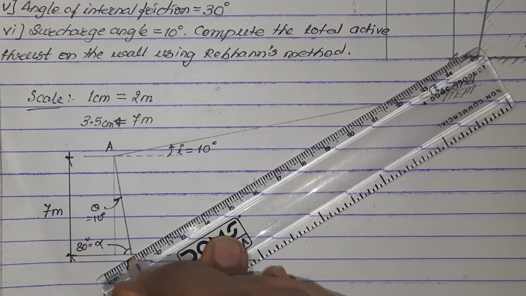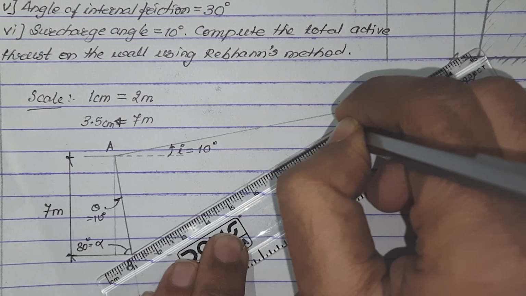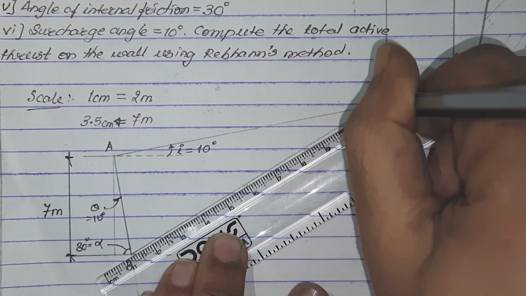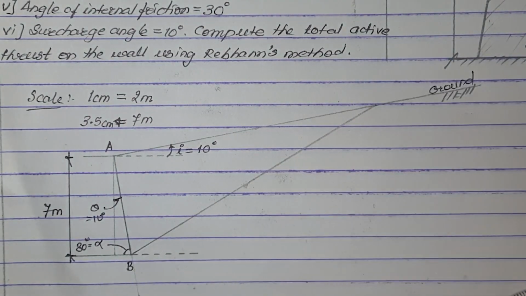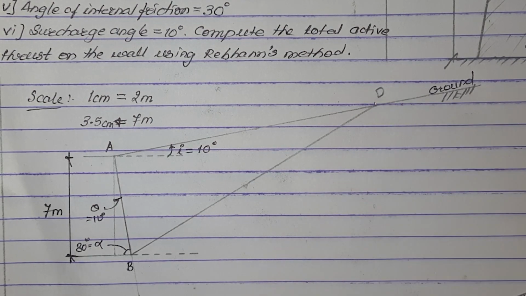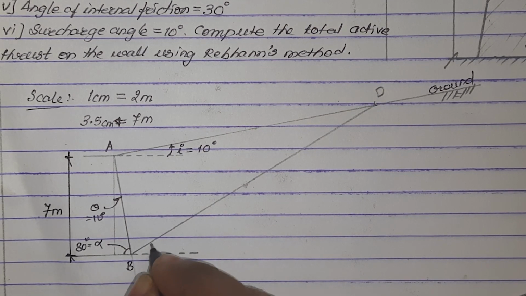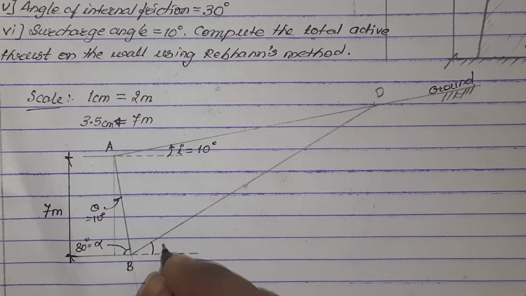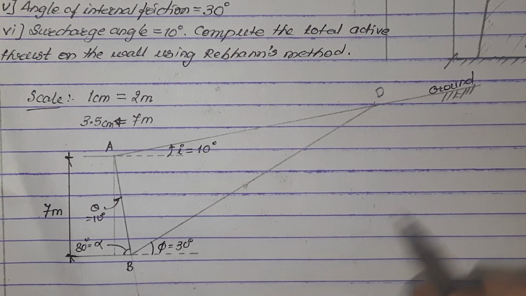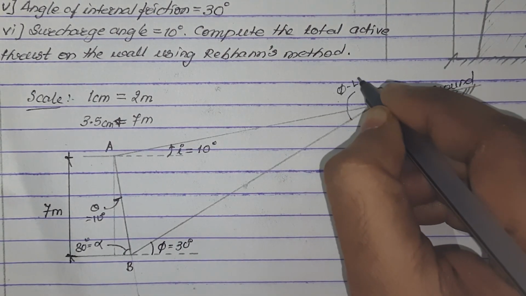Now start drawing a line through the base of the wall, that is point B, so that it will intersect the ground surface. It has intersected this ground surface at point D. And angle made by the line with horizontal here is phi, which is 30 degree. This line would be called as phi line.